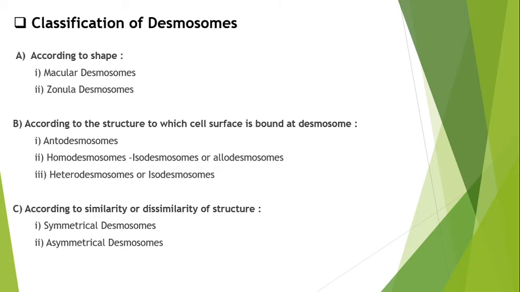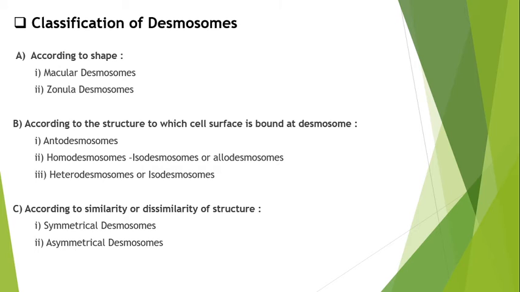Isodesmosomes means binding one cell to another of the same type, for example epithelial cell to epithelial cell, and the same area of the cell. Then allodesmosomes, binding one cell to another cell of a different type.